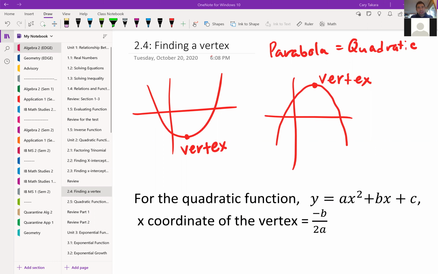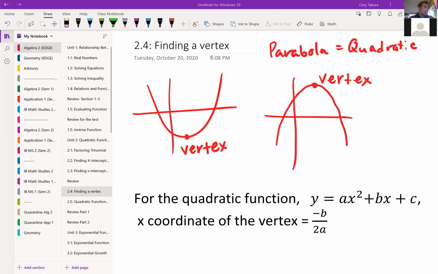Find the vertex, right? I will ask you on the test, and then what do you think your answer is going to look like? Okay. Can you guys all still hear me? Okay.